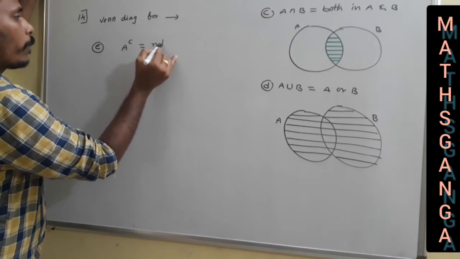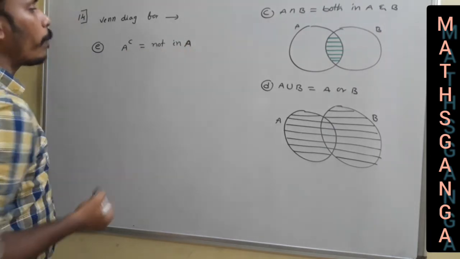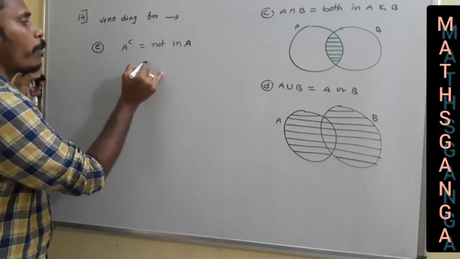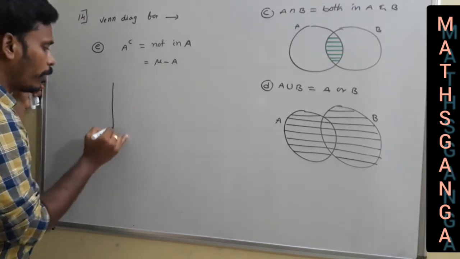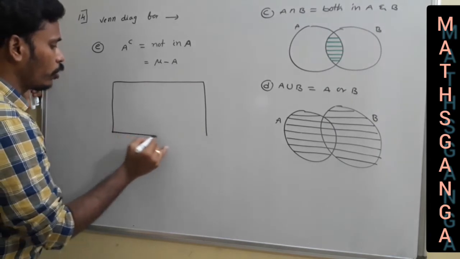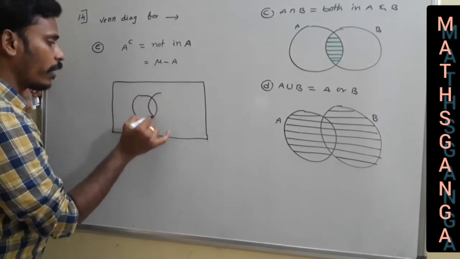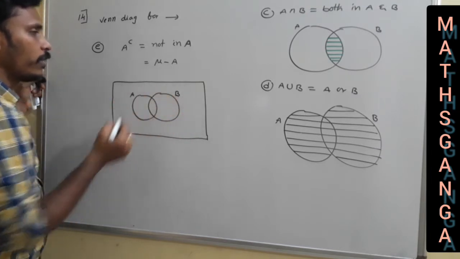A complement means not in A. See, for the discussion of complement, for sure we need to include the universal set, because A complement itself means mu minus A, in mu but not in A. So for the universal set, you just include a rectangle, and for the sets, one circle for A, one circle for B. You just mark those circles as A, B.